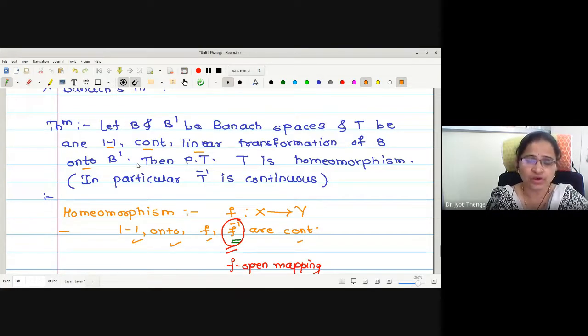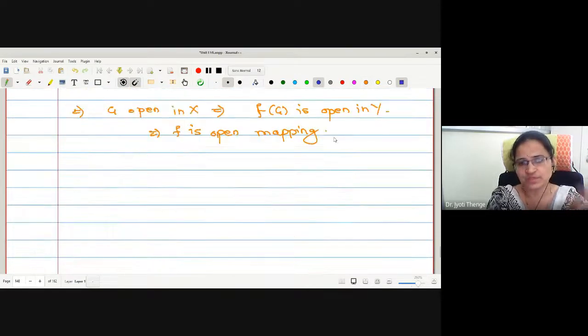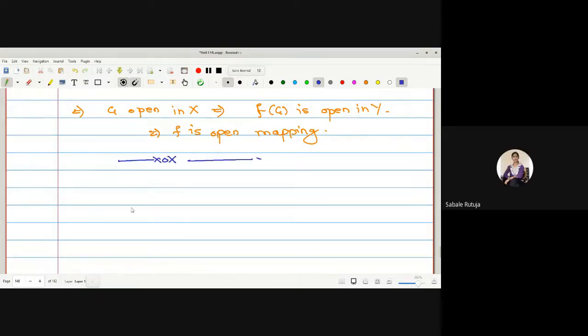But what have we just proved as the open mapping theorem? If B and B dash are Banach spaces, then a continuous linear transformation is an open map. What I have to do simply, by the open mapping theorem, T is open, and a 1-1 continuous linear open map is a homeomorphism. Hence the proof holds. The proof is within 2 lines only. Is it okay?